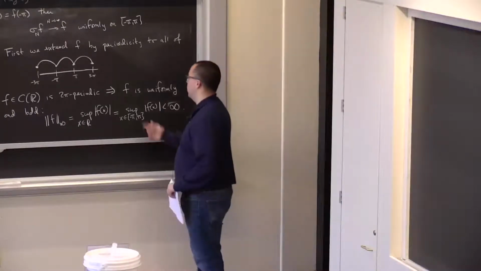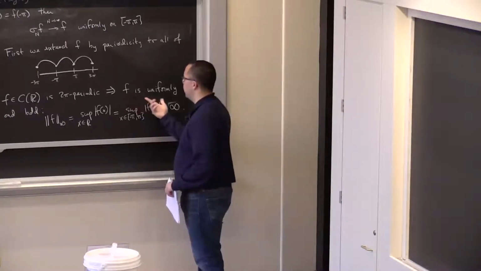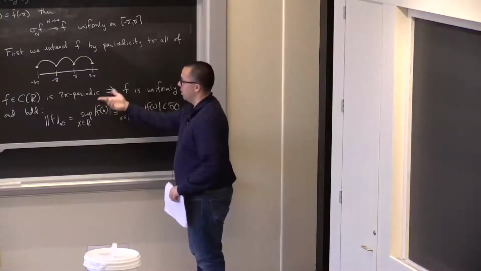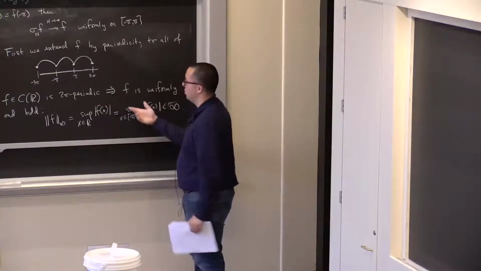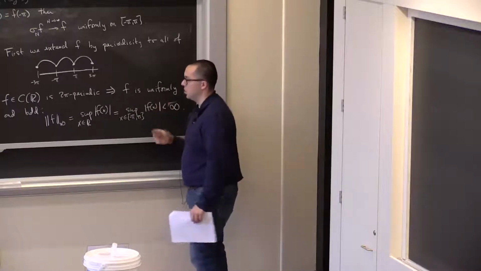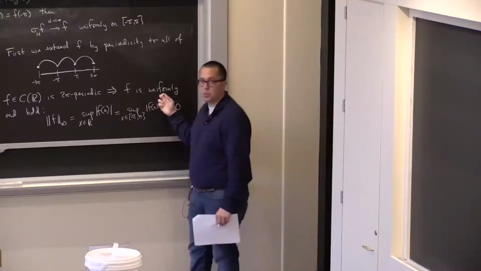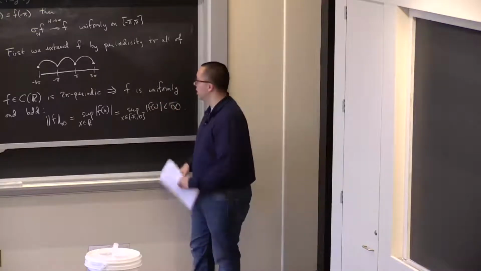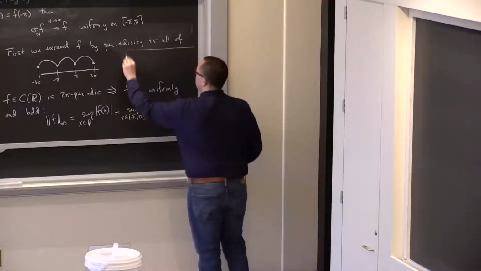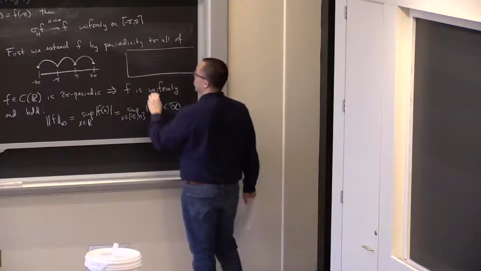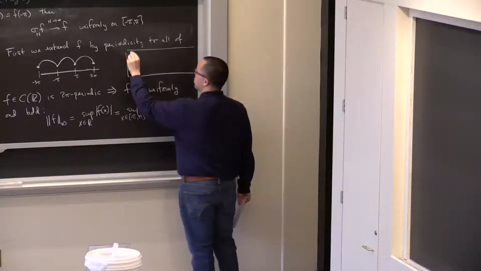It's not difficult to believe that if I extend f by periodicity, it's going to be continuous. But using that and the fact that it's 2 pi periodic, you can also conclude that it's uniformly continuous. Let's quickly review what uniformly continuous means.